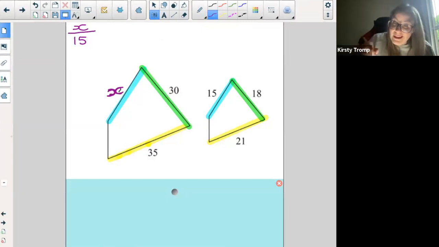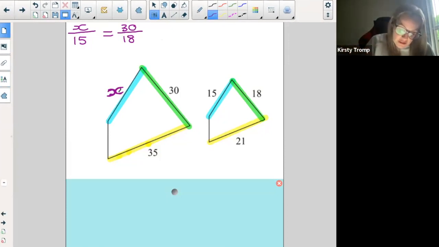If sides are in proportion, it means I'm going to say equals. I'm going to take my greens now. My green is 30 over, what's my other green? It's 18. I want to get rid of the fraction, guys.